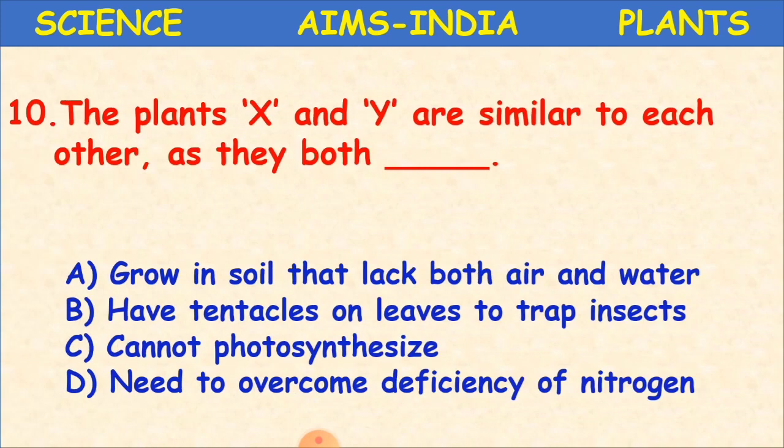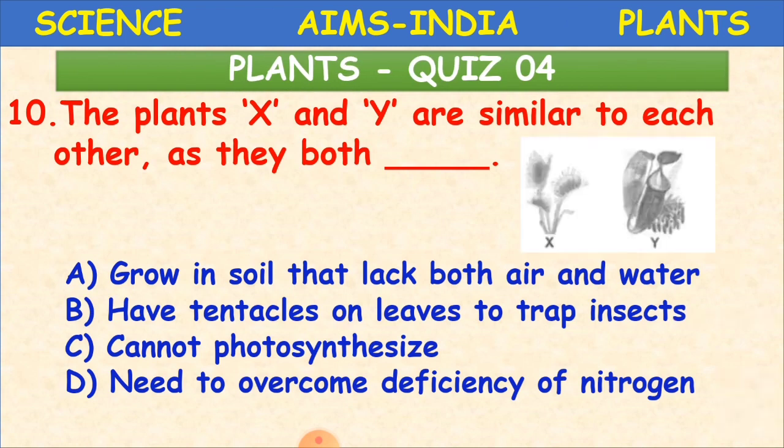The plants X and Y are similar to each other as they both. So here in the picture, you can see X and Y. These are both insectivorous plants only.